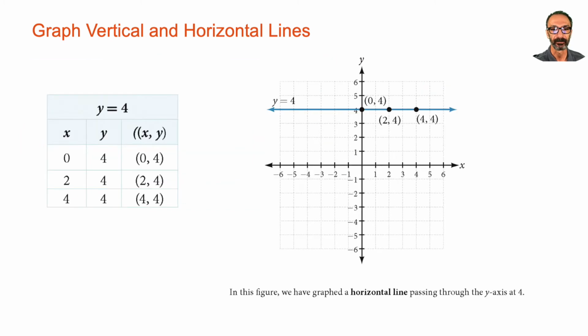Horizontal line. Y equals 4. No matter what you pick for x, y is 4. So as you can see, y is 4, y is 4. This point is also y is 4. So the y-intercept is 4, and all the points, they do have a y-intercept of 4. When y is 4, you go up to 4 and you stay right there, and that's called a horizontal line.